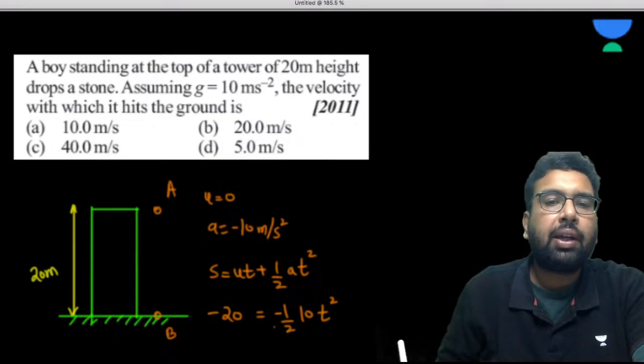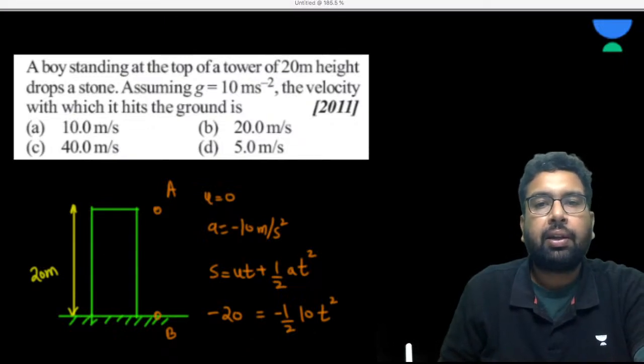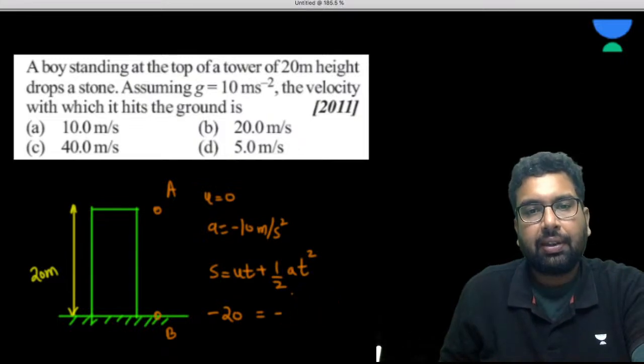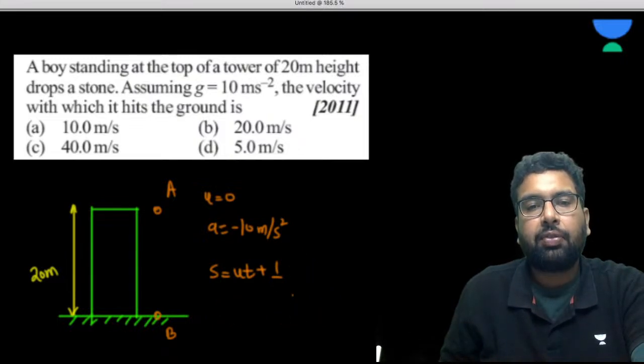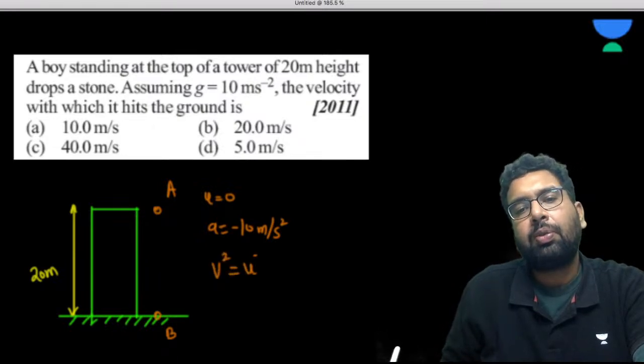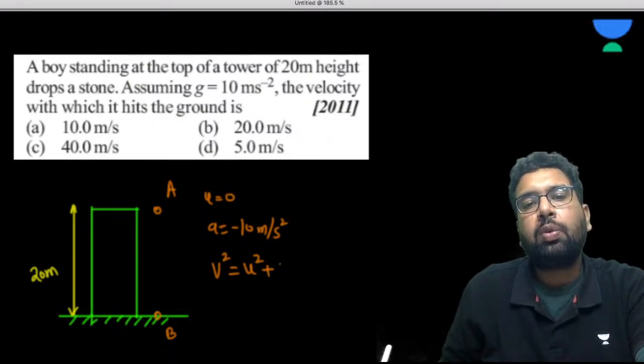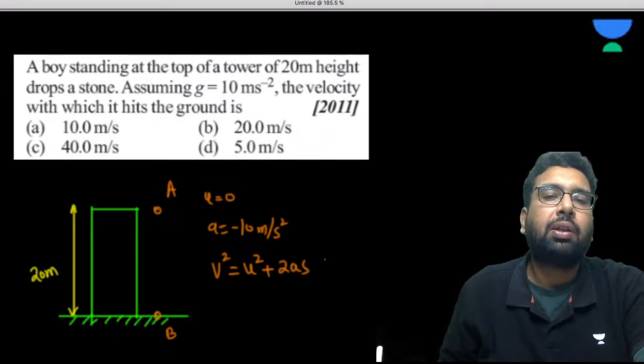From here we can get the time first, right? But we have to find the final velocity, so v square is equal to u square plus 2as, and right away I can use this equation.